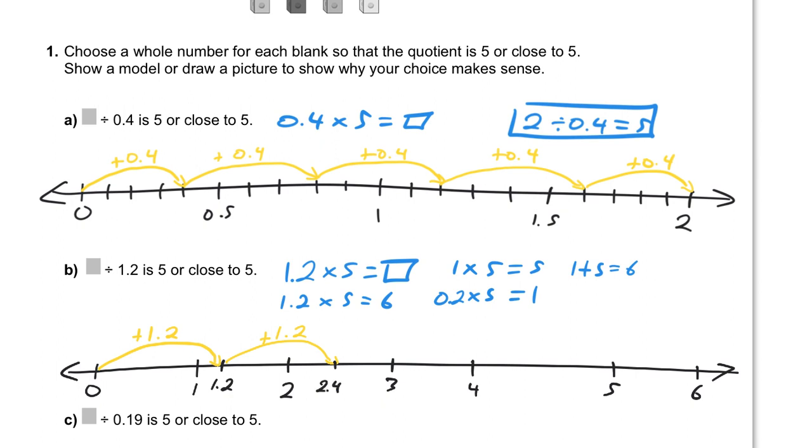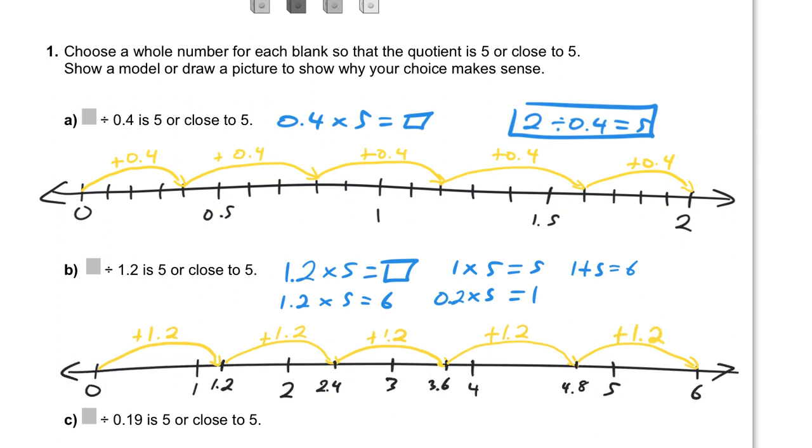Next, we add another 1.2, which will get us to 3.6, over halfway between 3 and 4. Then we add another 1.2, which will get us to 4.8, almost all the way to 5. And a final 1.2, which does get us to 6.